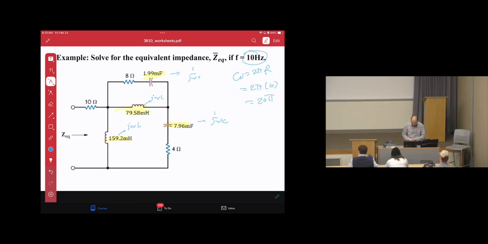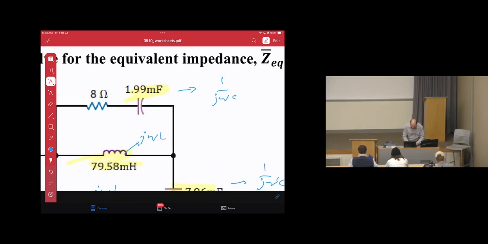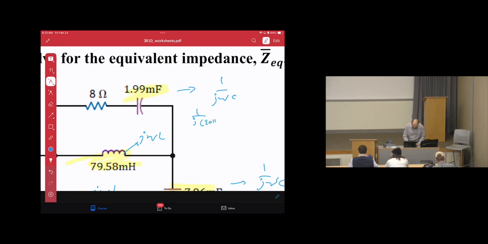Now I'm ready to do the analysis. For this capacitor, it's 1 over j 20 pi times C, which is 1.99 milli, meaning 10 to the power negative 3. Don't forget the milli, the micro, or the kilo. If you don't know exactly what this is, please ask during the quizzes or the exams and we will give you the answer.